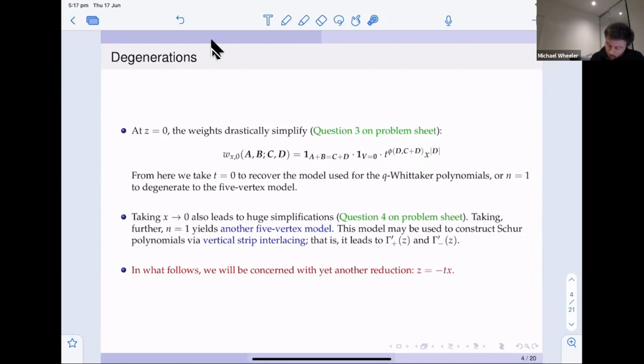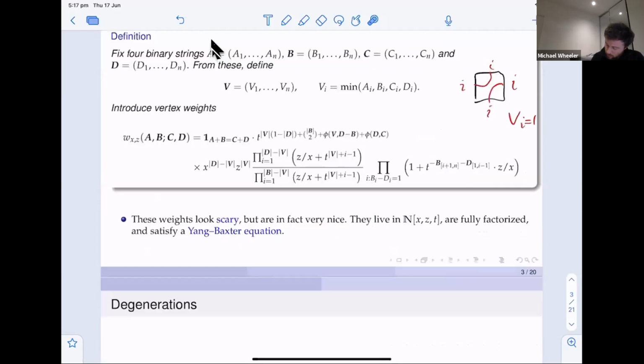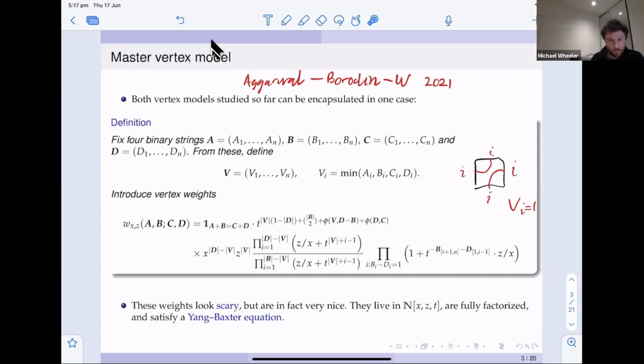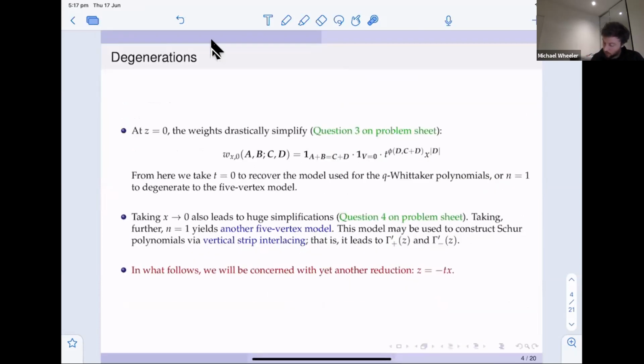There is a sort of dual limit that you can take, which is to take the other parameter x to 0. This also leads to huge simplifications. In the form that I gave the weights, this limit looks a little bit singular, but it's actually okay, so you can perform this limit and find that you get a nice formula for the weights as well. And if you take, again, n equal to 1, then you will get yet another 5-vertex model.